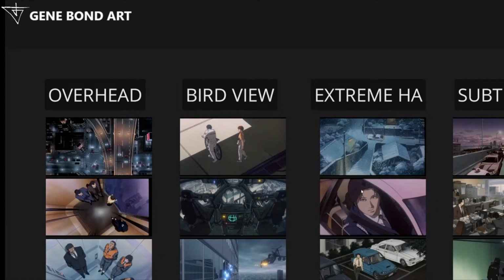For example, here I have 10 angles. Draw 10 pictures every week of different angles from some of your favorite cartoons or movies. This will build your visual language, a kind of visual library.